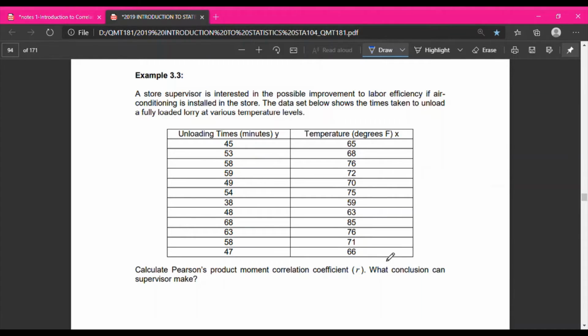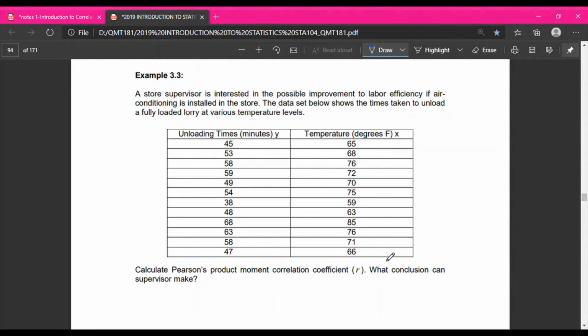Okay, a store supervisor is interested in the possible improvement to labor efficiency if air conditioning is installed in the store. The data set below shows the times taken to unload a fully loaded lorry at various temperature levels.